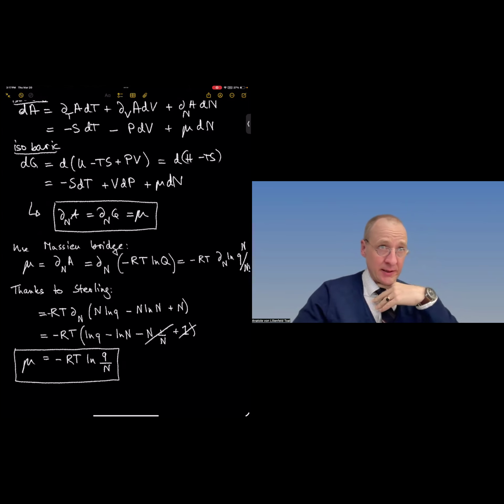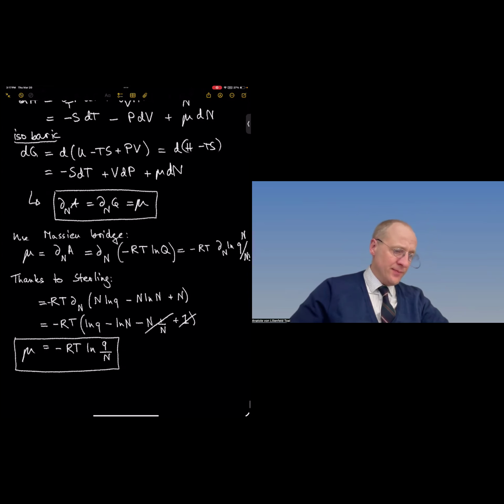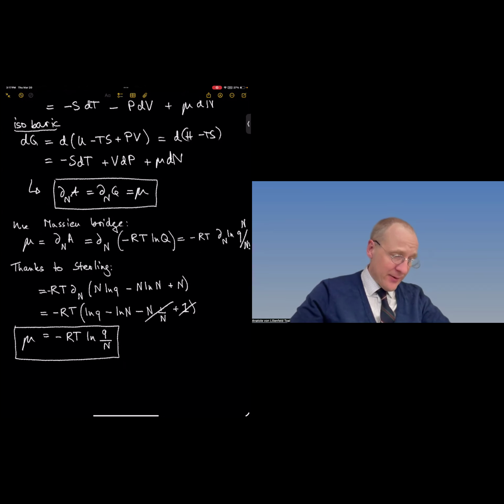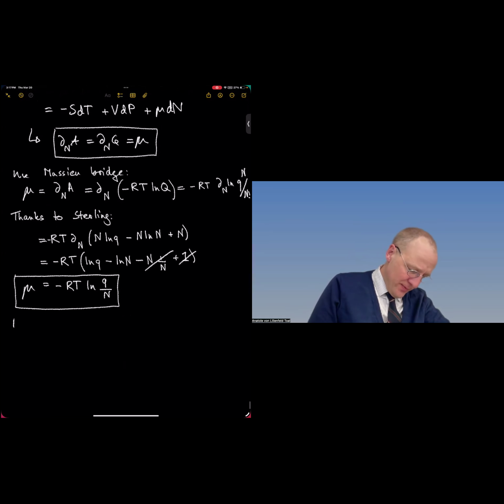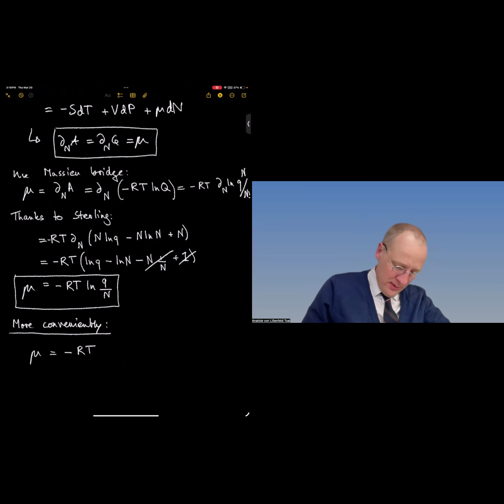Is this clear? Any questions on the steps? I can make this more convenient by multiplying with 1. Okay. So more conveniently, I can say mu is minus RT logarithm.